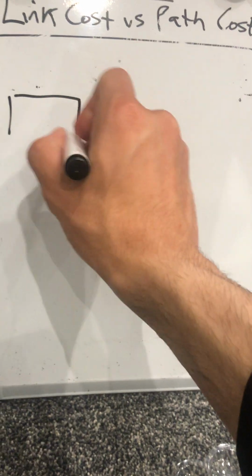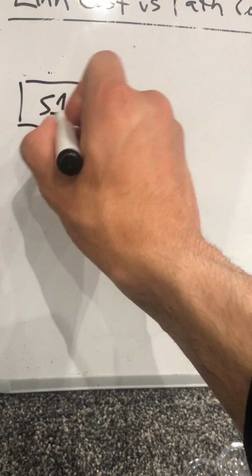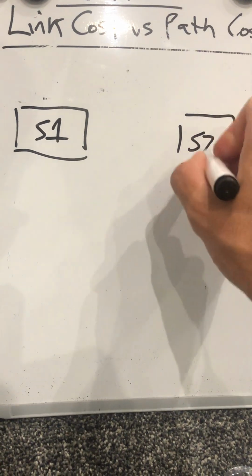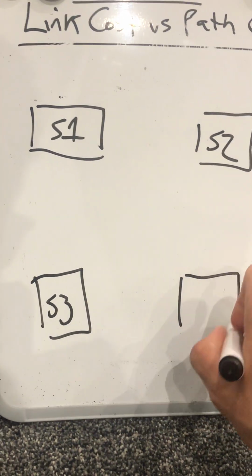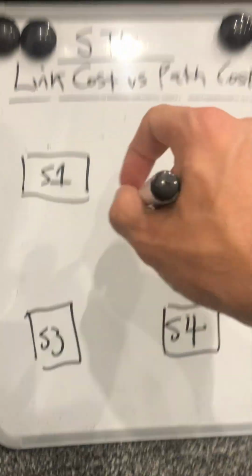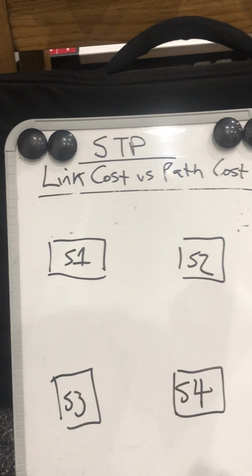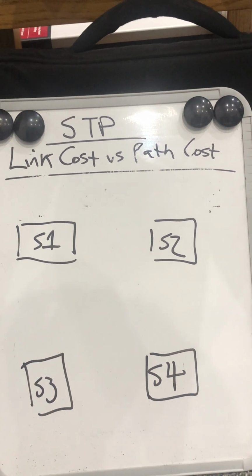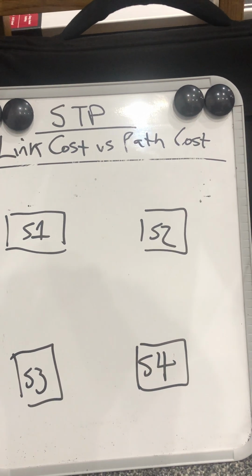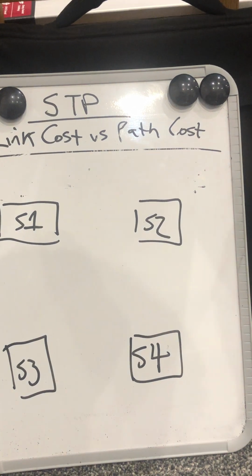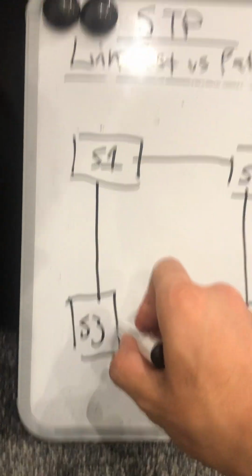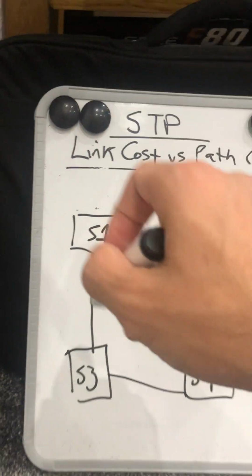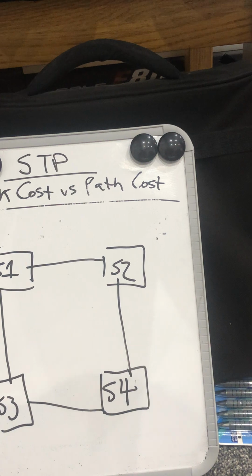In this example, let's have 4 switches: switch 1, switch 2, switch 3, switch 4, connected like this. 4 switches, 4 links.